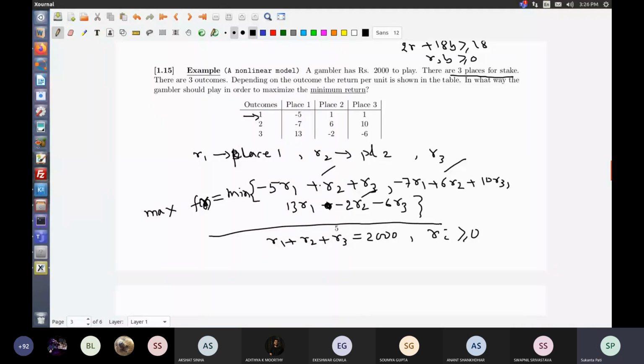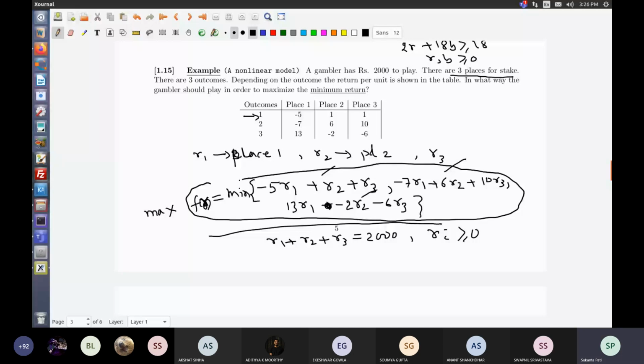That is very easy to see. And so this f(r) is a nonlinear function, and you want to maximize it subject to this. The constraint is linear, that is fine, but the objective function is not linear. So this is an example of a nonlinear problem.